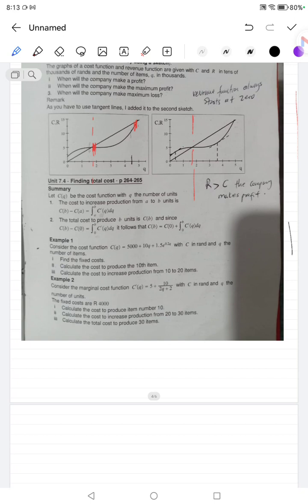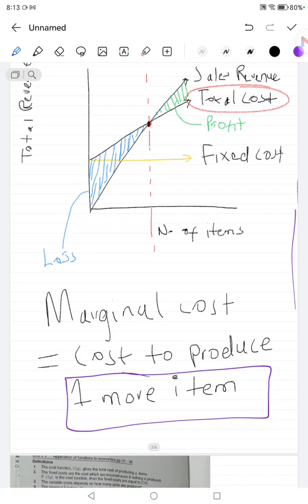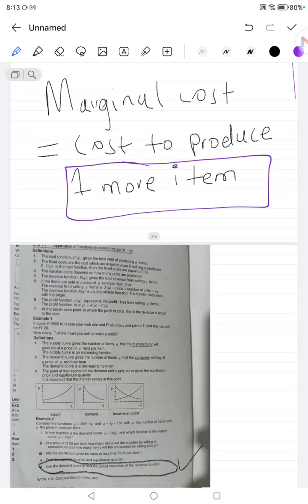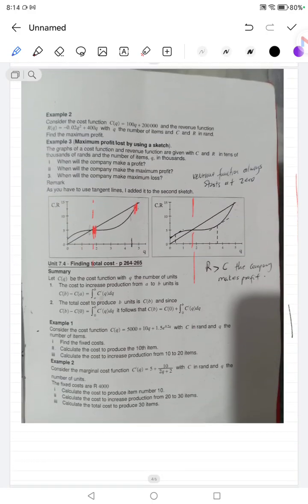Hence that's why in the other region that I've highlighted, that will be the region where you're going to be making your profit, you see. So you have the first one, then they're saying where would the company be making your maximum profit.